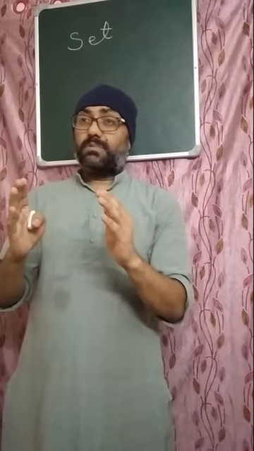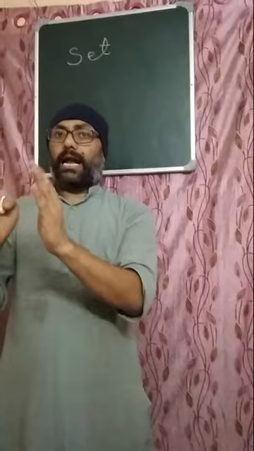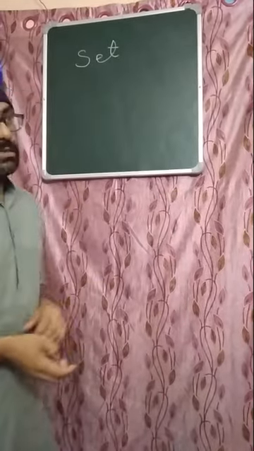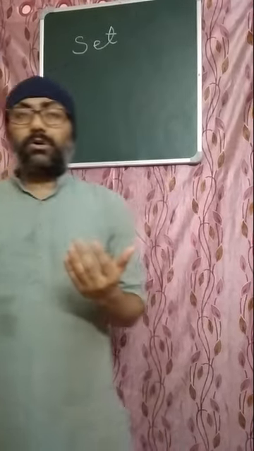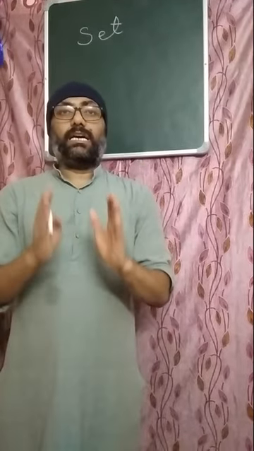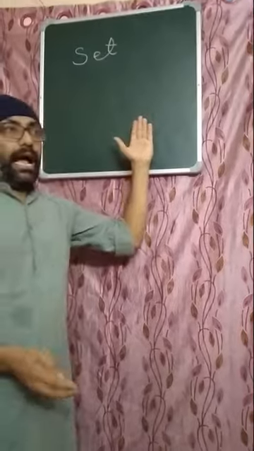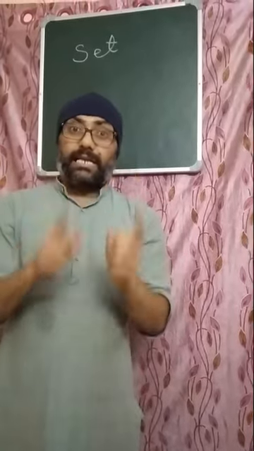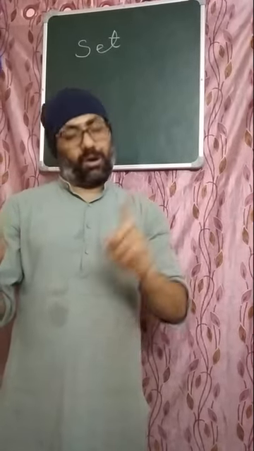So we have certain well-defined objects, and the collection of those objects is known as set. What do you mean by well-defined? Here well-defined means if a set is given and an object is given, then we can certainly say whether that object belongs to the set or not.